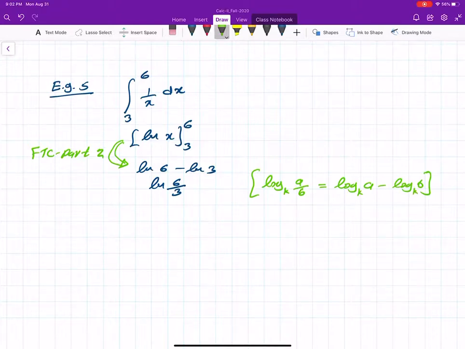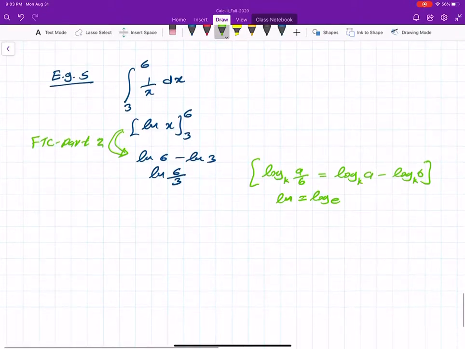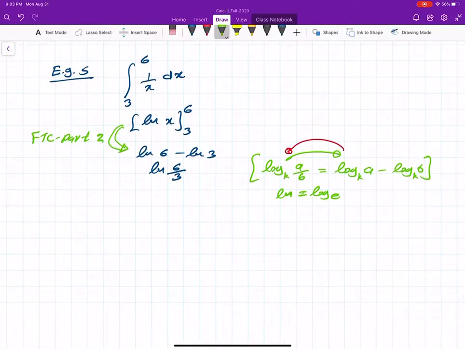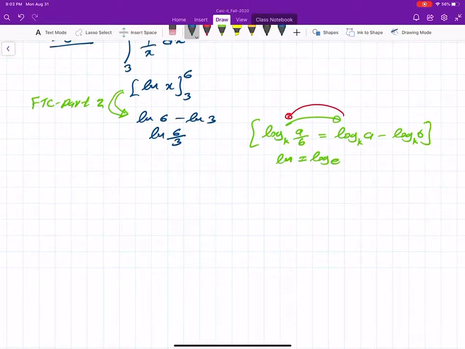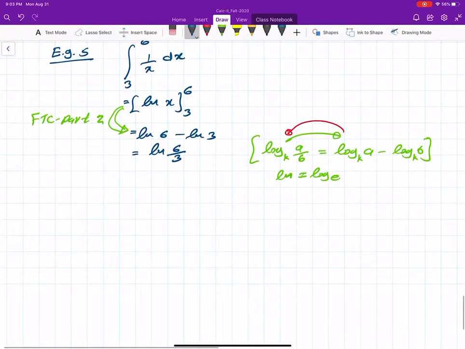It works for any base. ln is the same as log to the base e. If this is given to you, you can get the right hand side, or if that is given to you, you can get the left hand side. You can go back and forth. Now 6 over 3 is 2, so you write this to be ln 2. So that is the solution.